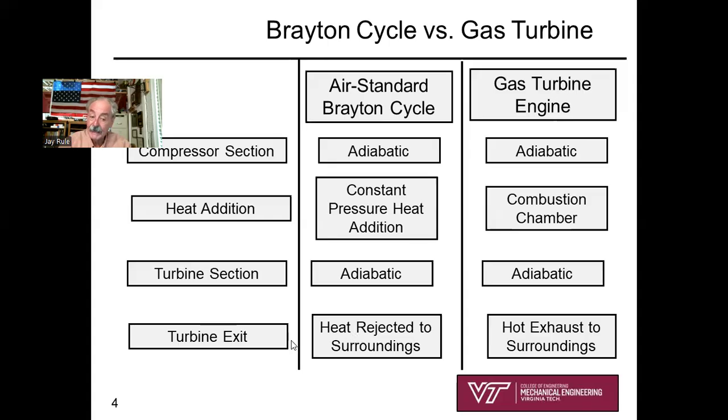In our thermodynamic model for the Brayton cycle, we've got heat rejected to the surroundings in order to get our air standard air back into the inlet of the compressor. So it really makes a lot of sense. The way we're modeling our thermodynamic model makes a lot of sense, and it's a very good analogy to the real world.